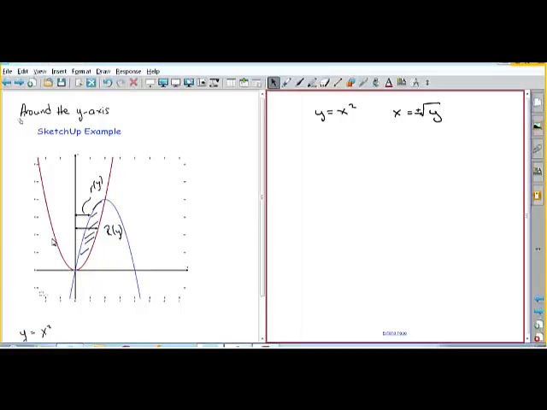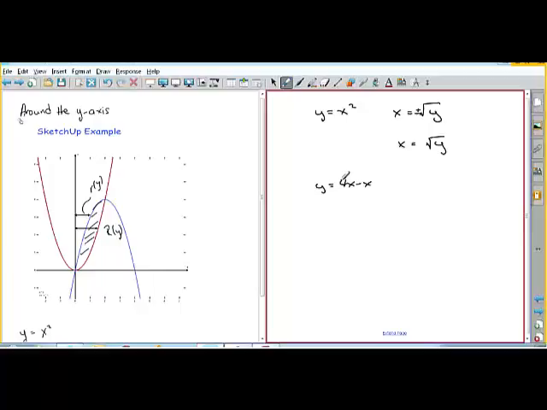Okay, so we're all saying plus basically, and that's true. It's true because this one would be negative the square root, and this would be positive the square root, because this is a positive x value, and this is a negative x value. So we're going to use positive the square root of y as the function.